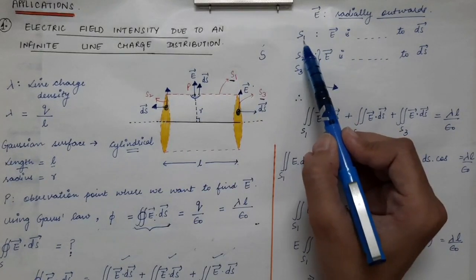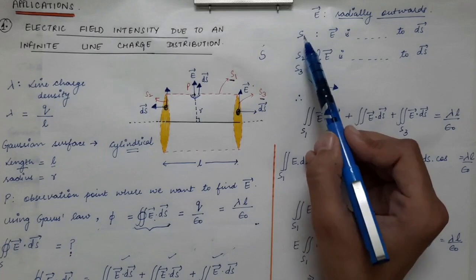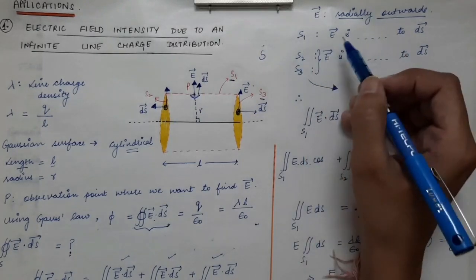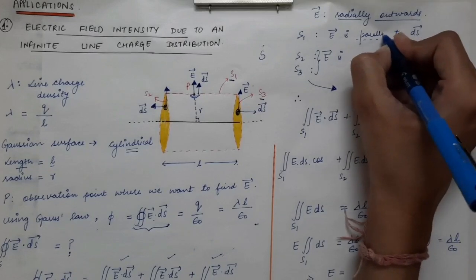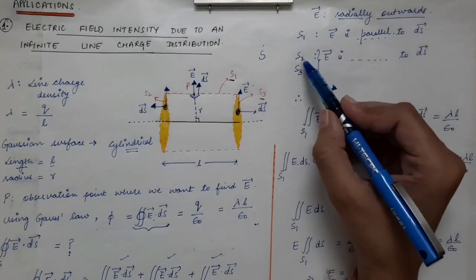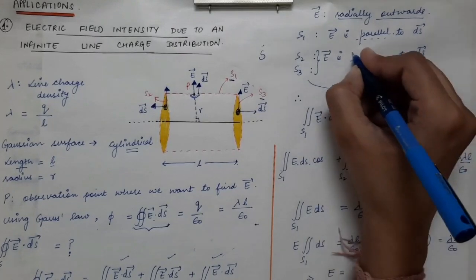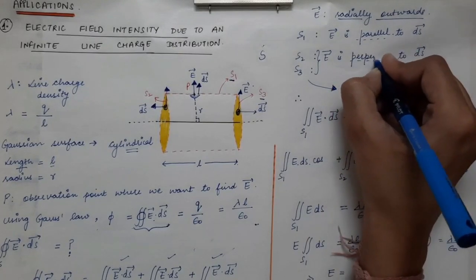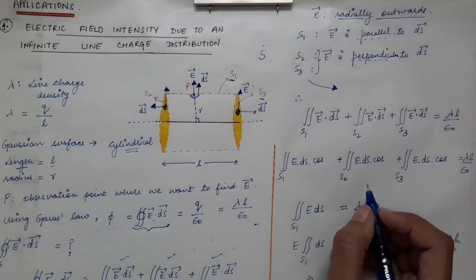So for S1, the curved portion of the cylinder, at any point the electric field is parallel to the ds vector, whereas for the S2 and S3 surfaces, the E vector is perpendicular to the ds vector.